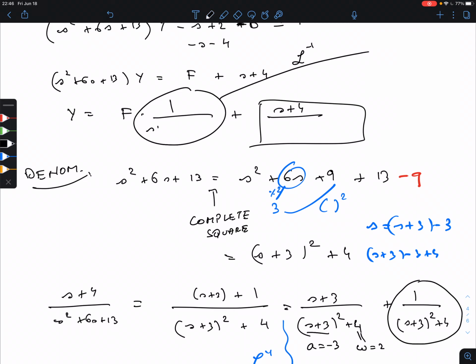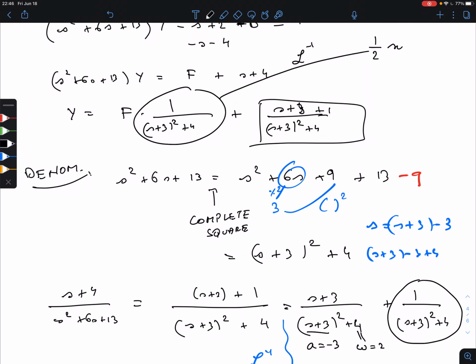So this is s plus 3 squared plus 4, s plus 3 squared plus 4, and then this we wrote as s plus 3 plus 1. Now this is, again, the sine, but for the same reason we get 1 over 2 sine. Don't forget the shift always, e to the minus 3t sine 2t.